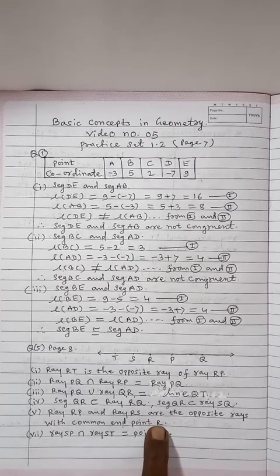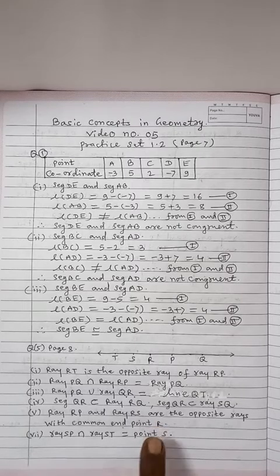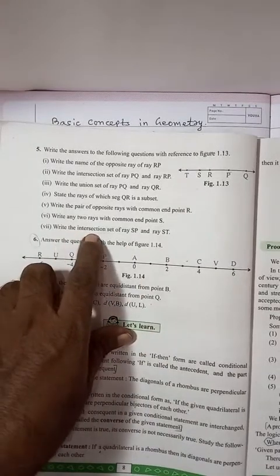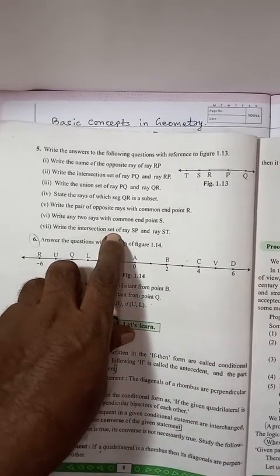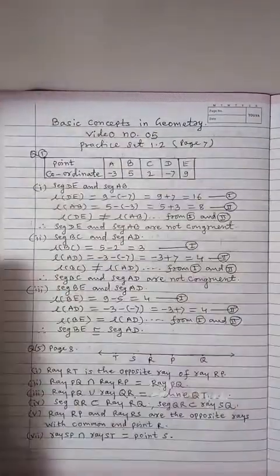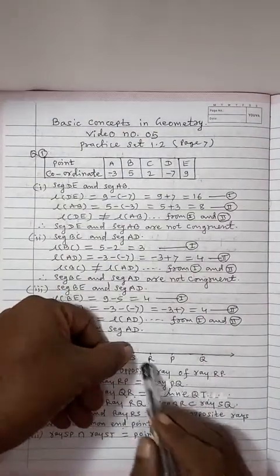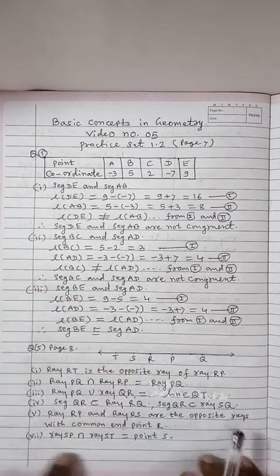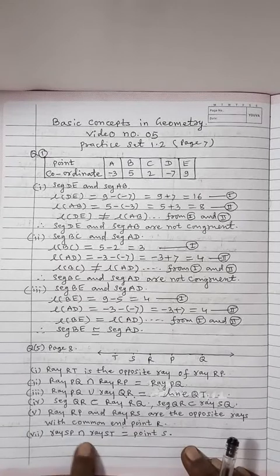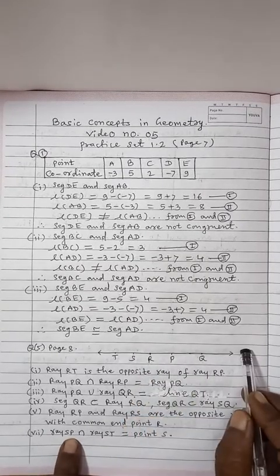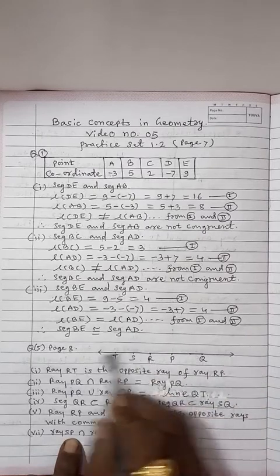Sub question number 6, you have to try for yourself. Then sub question number 7. Write the intersection set of ray SP and ray ST. Ray SP, this side, and ray ST, this side.